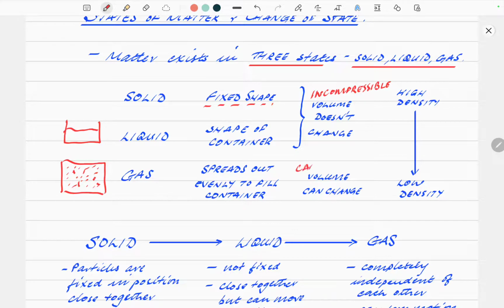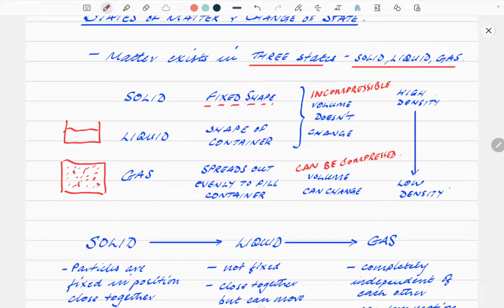It's a big difference between gases and solids and liquids. And as we just learned in the previous section, solids are most dense, so high density, and going to gases, the density decreases to very low density.